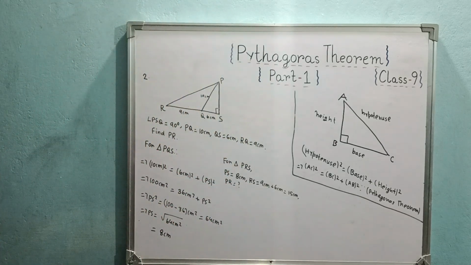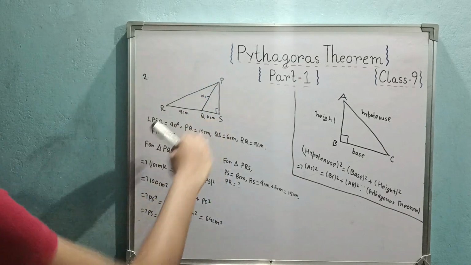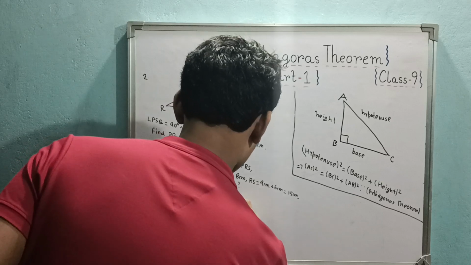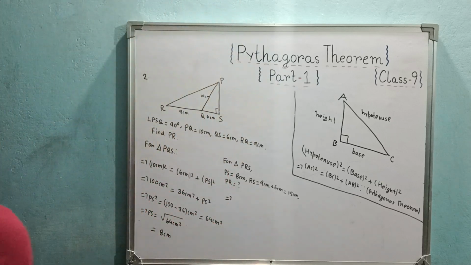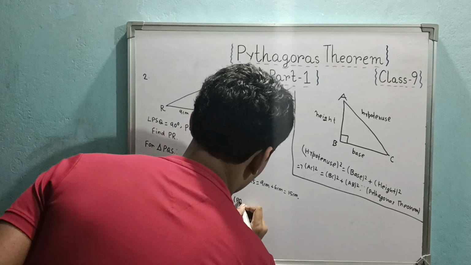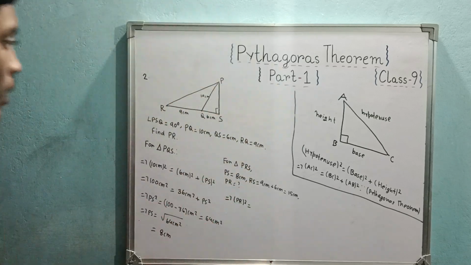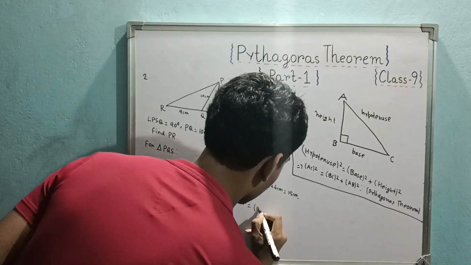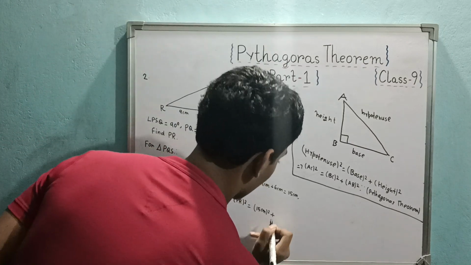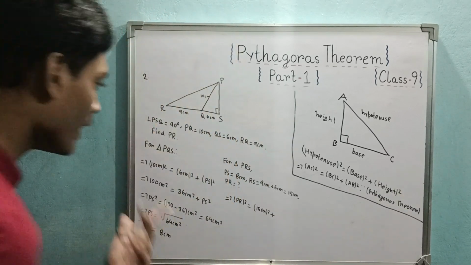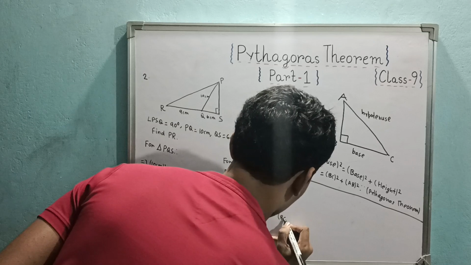Now see, again for PRS triangle, we have the height, we have the base, we have to find the hypotenuse or PR. So what do we know, the formula? Hypotenuse square or PR square equal to base square. Base is here RS. RS we got 15 centimeters. 15 centimeters square, plus height square. Height is the PS. PS is equal to 8 centimeter. We got from PQS triangle.